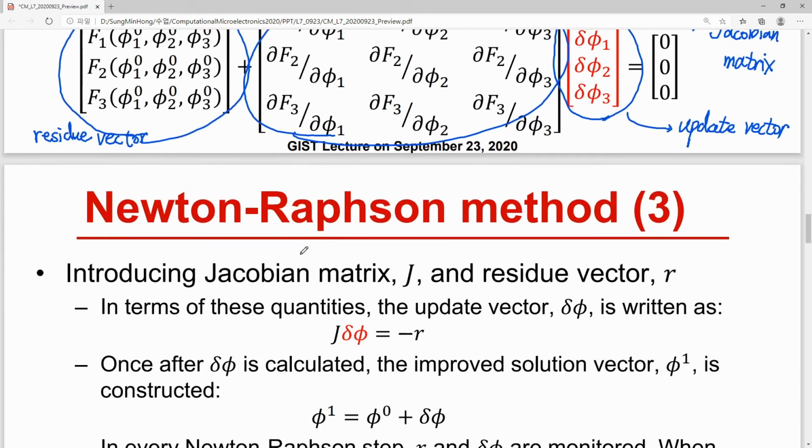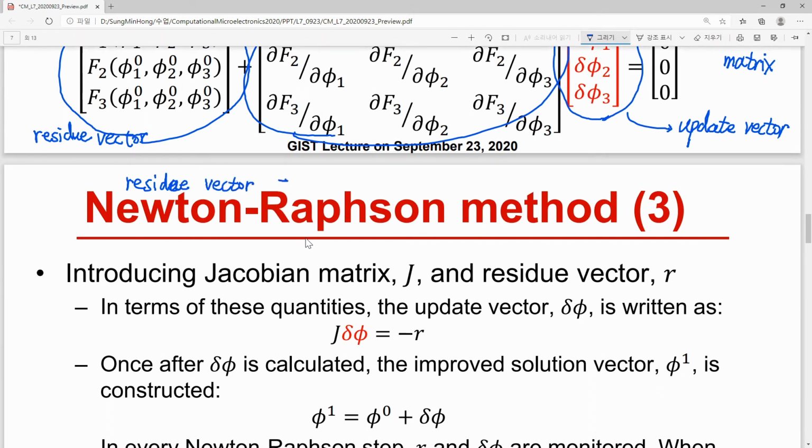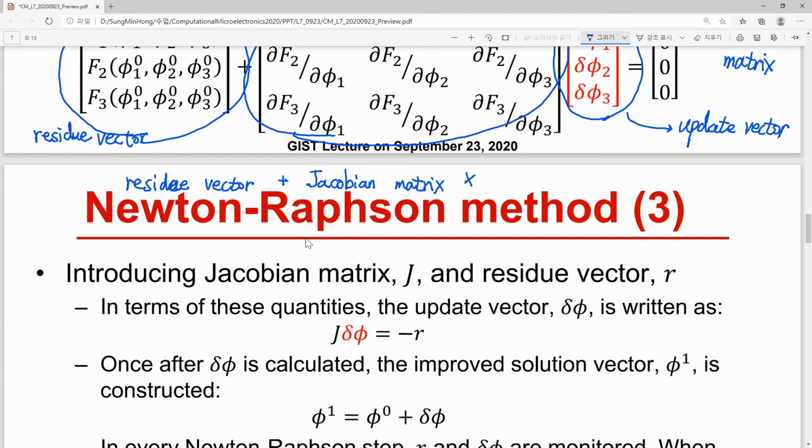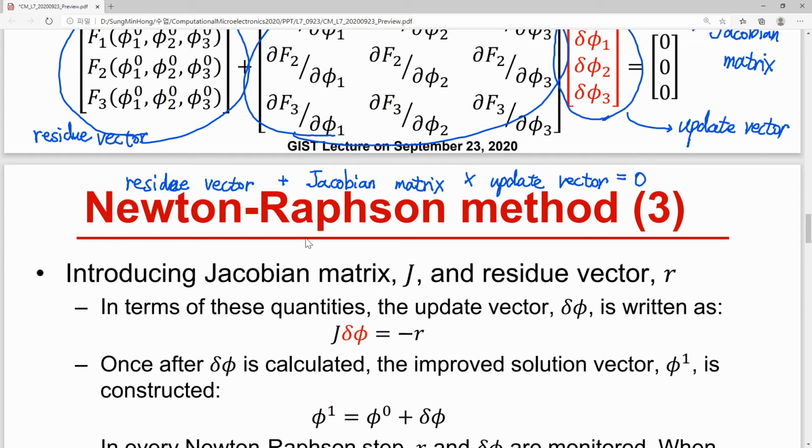When I summarize it, we can find quite a simplified view. This equation, seemingly quite complicated, can be written as residue vector plus Jacobian matrix times update vector should be 0. That is the consequence of our linearization.